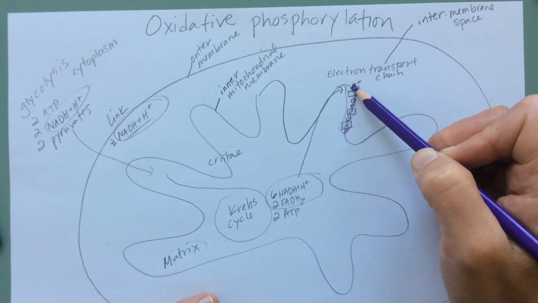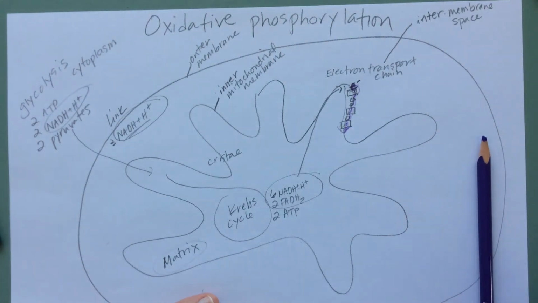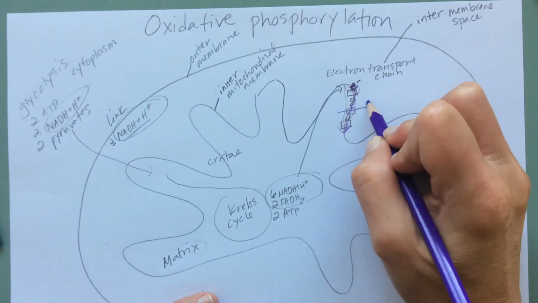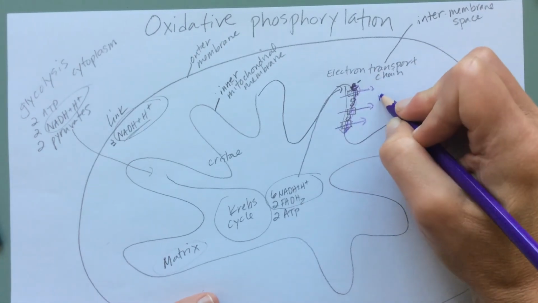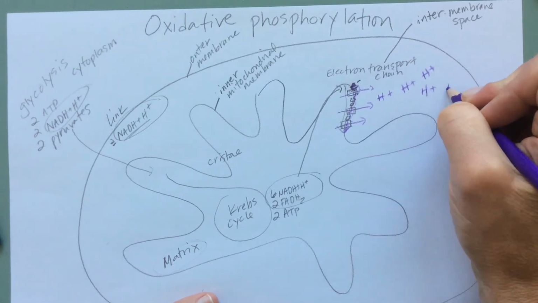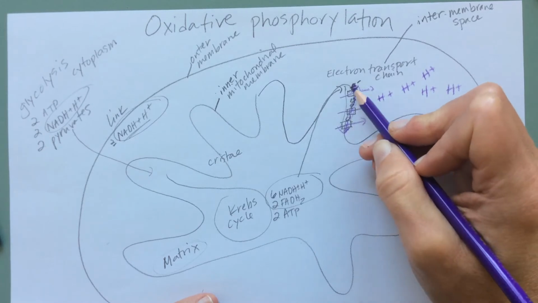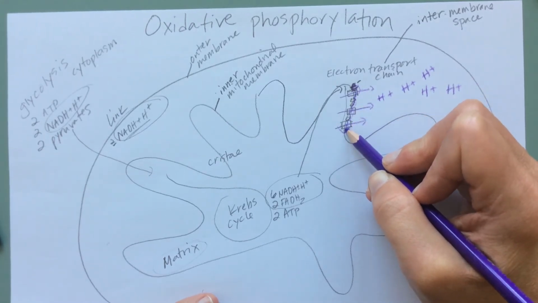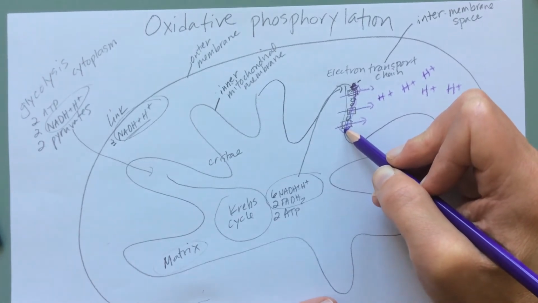And that energy of the electron moving down this electron transport chain is going to provide the power to pump hydrogen ions into the inner membrane space. So see all these hydrogen ions? So the electrons coming down the chain, passing from one molecule to the next, each molecule in the process is more electronegative than the other.